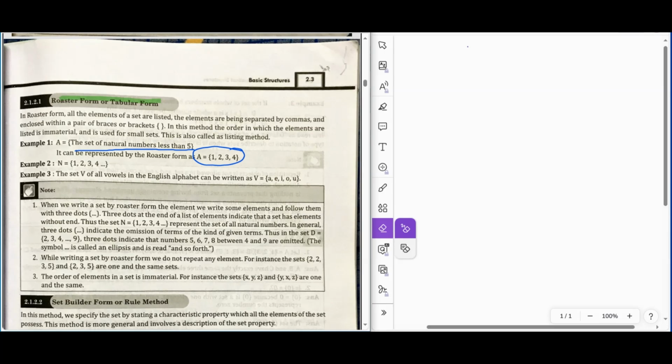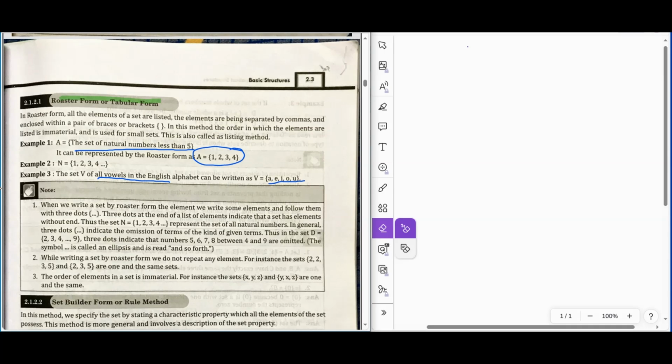This way of representing is called roster form. Another example: the set of all vowels in the English alphabet, which is written as {a, e, i, o, u}.